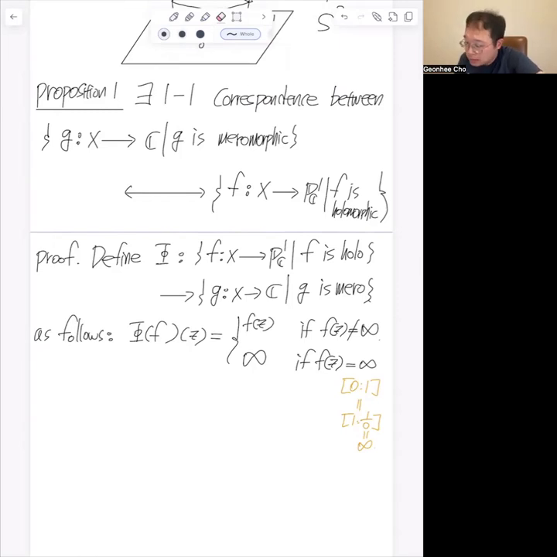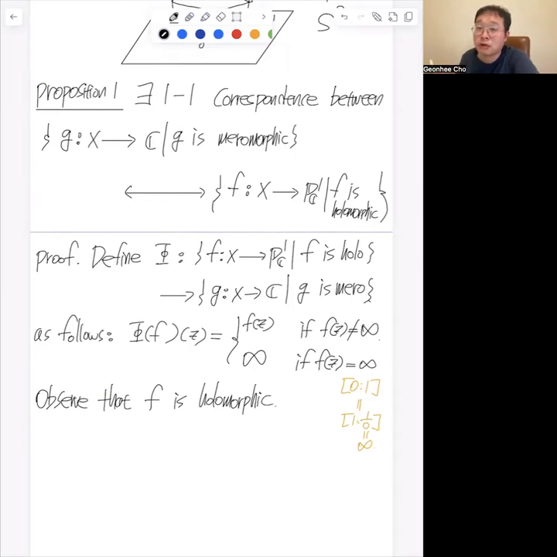Now let's observe that F is holomorphic. So we can still use our previous propositions that we already established, such as the identity theorem, open mapping theorem, and so on. This forces that if we collect the points from the compact Riemann surface that make f of z infinity, okay, this is not a pathological singularity any longer.